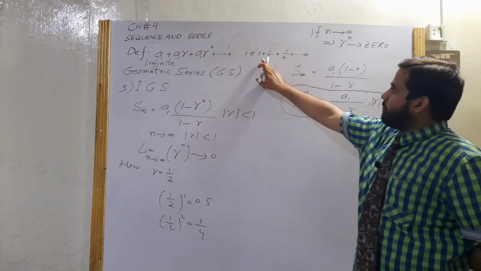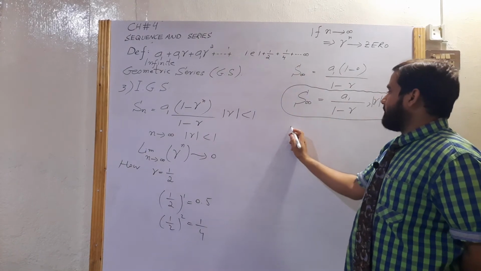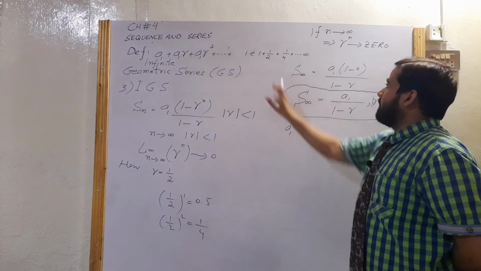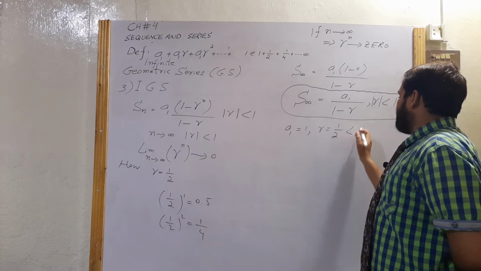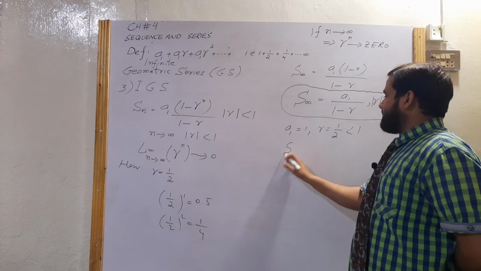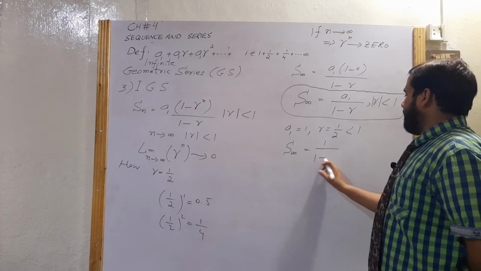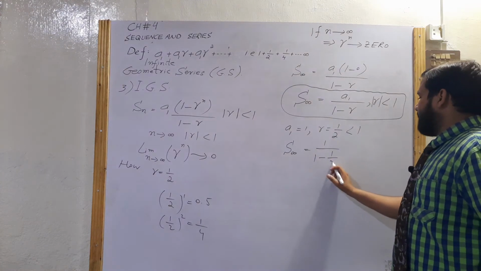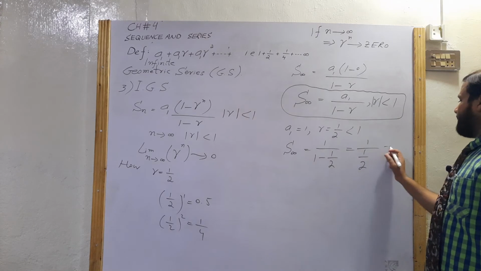For example, to find the summation of this type of infinite geometric series, in this case a1 is 1, and the common ratio is 1/2, which is less than 1. So, simply S infinity is equal to a1 over 1 minus r, with a1 replaced by 1 and r by 1/2. After simplification, this is 1 over 1/2, which is equal to 2.